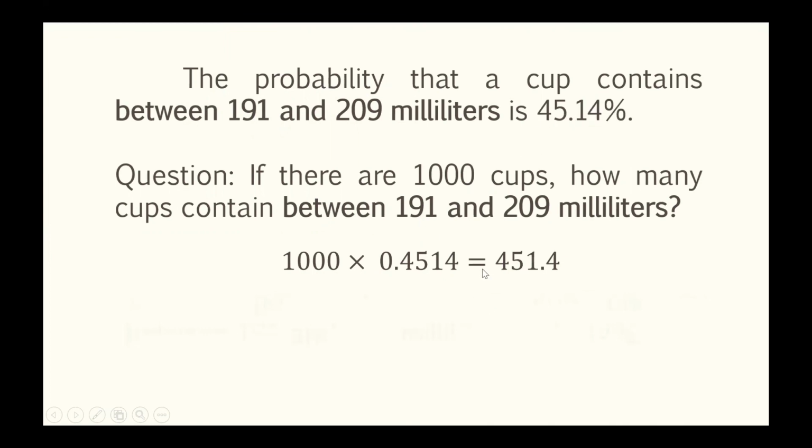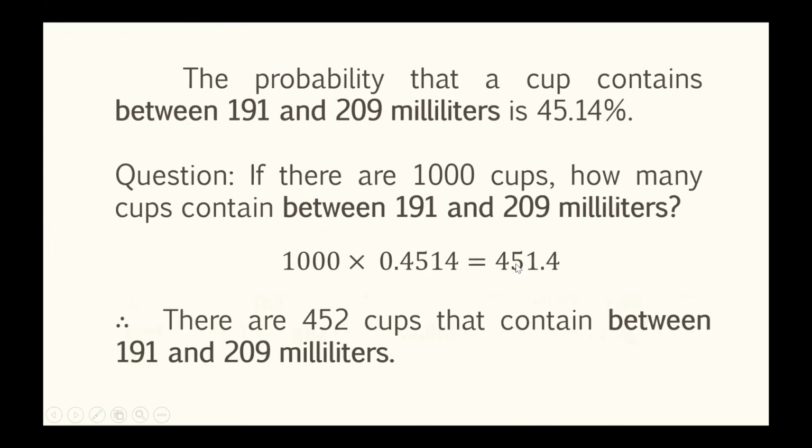That is equal to 451.4. The rule is to round up the product. That is the next higher integer, and that is 452. Thus, there are 452 cups that contain between 191 and 209 milliliters.